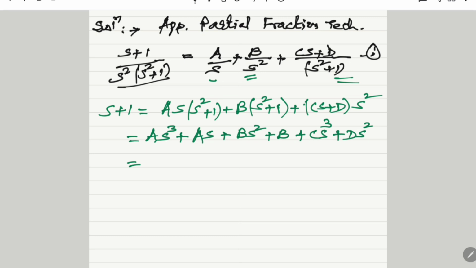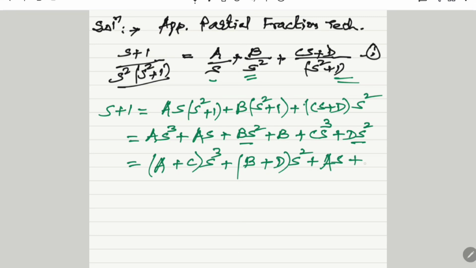There are two terms of s cube. Therefore, combining them, we get (a plus c) into s cube. Then there are two terms of s square, this one and this one. Therefore, taking s square common, we get (b plus d) into s square. Only one term of s, as, and only one constant term, that is b.